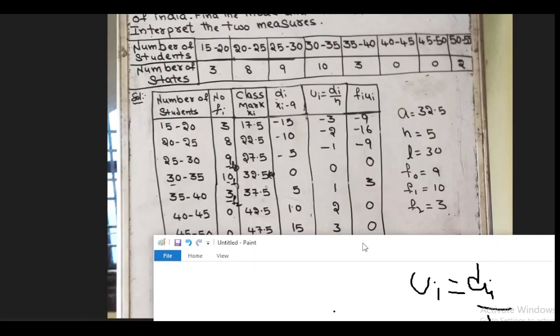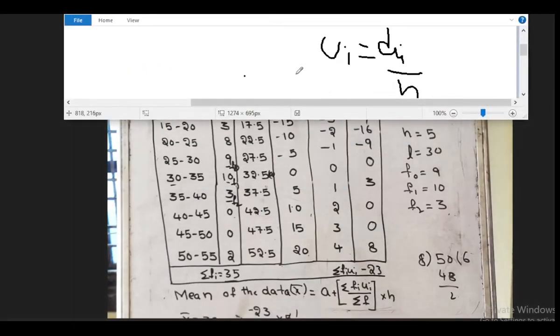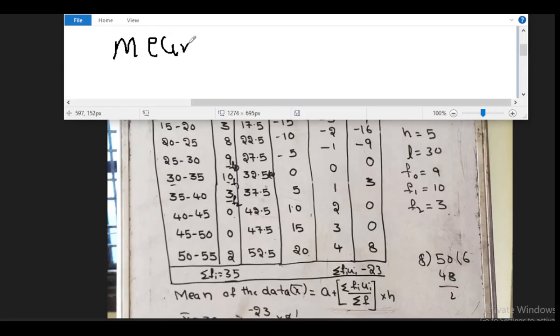Mean of the deviations. Mean is equal to, we are going for the mean formula.